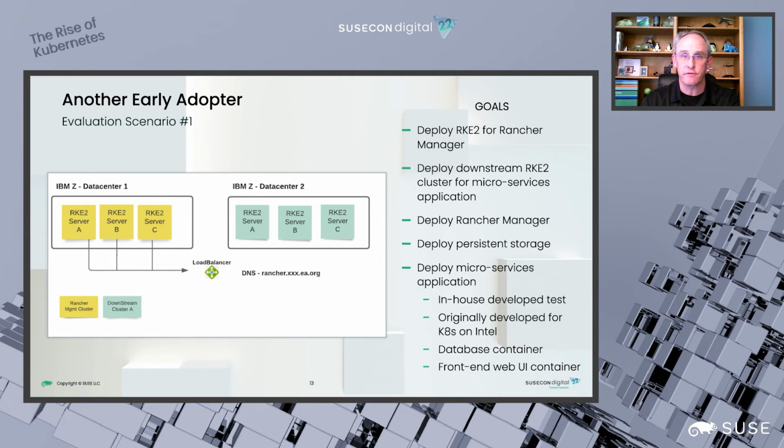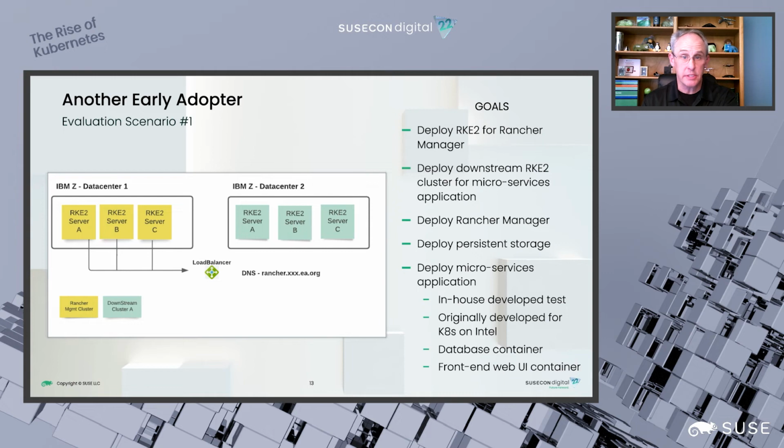The goals for the first scenario are pretty straightforward. Like Andy, we wanted the early adopter customer to deploy RKE2 for Rancher Manager, and then deploy another RKE2 as the downstream cluster where a test application would be run. The customer had built an in-house test-based microservices application. It needed persistent storage.